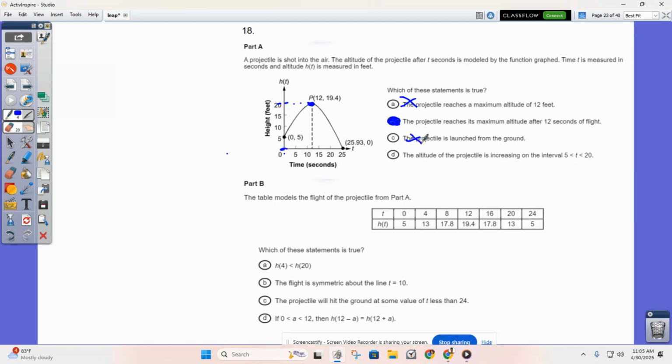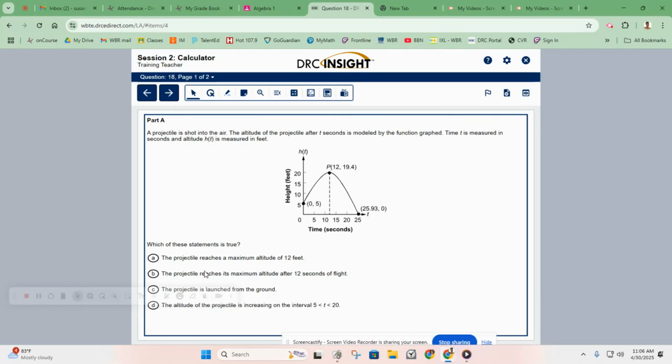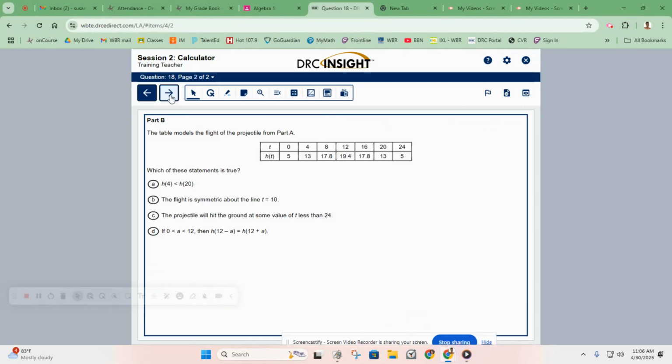The altitude is increasing over the interval from 5 to 20 seconds. So what that's saying is from here to here, all of this, is it increasing? No, because once it hit 12 seconds, it's now decreasing. So in the actual test, we're going to click our answer, which was B, and then arrow to the next question.